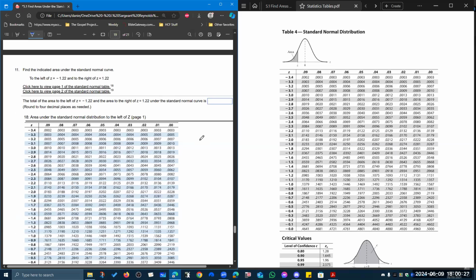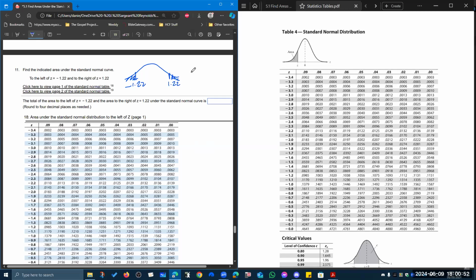All right, now we want to find how much is to the left of negative 1.22 and to the right of positive 1.22. So this is one that I'm going to double since it's symmetric. I'm going to look up negative 1.22 to the left of that.